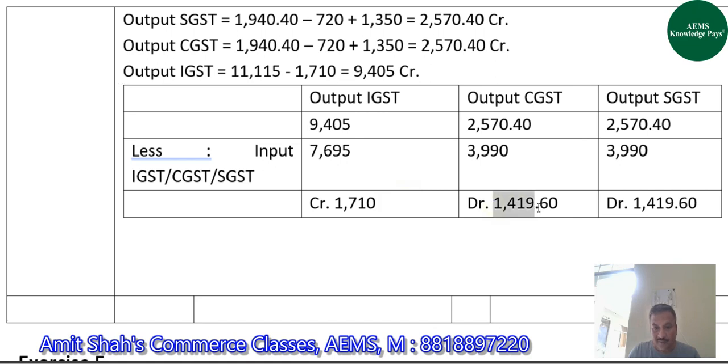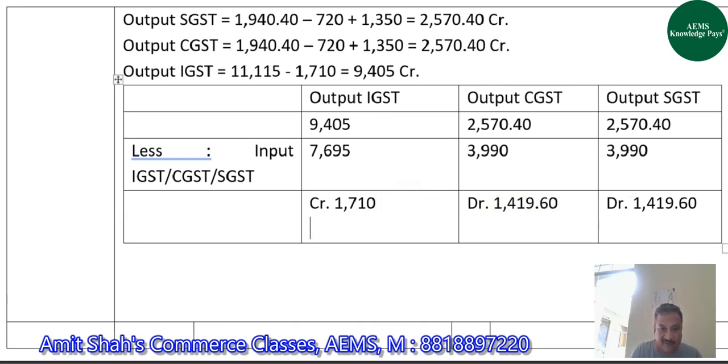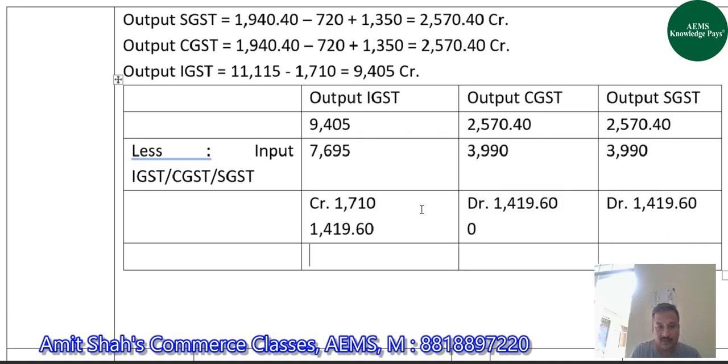So 1419.6 would be subtracted from here, and here the balance will become 0. So how much is left here is again a credit of 209.4.